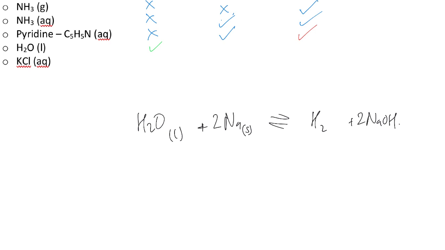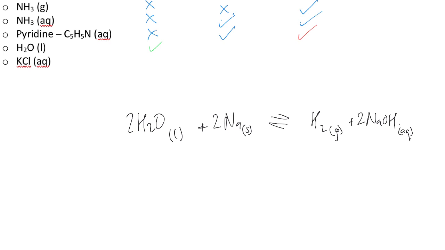Two of those, and two of those. That would be the Davy model of this substance being an acid, because it forms hydrogen gas, and the Na has partially replaced some of that hydrogen.